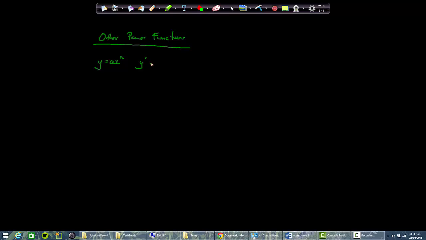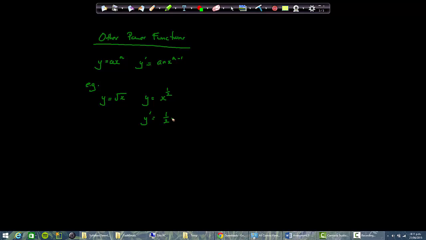This rule would apply to others. So for example, let's say you had y equals the square root of x and you're asked to derive it. Well, we can rewrite that as a power of x, x to the power of a half, and then we can derive it.